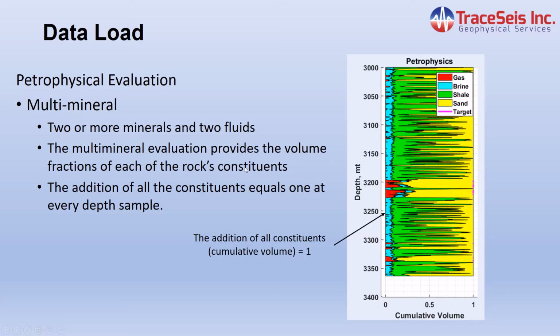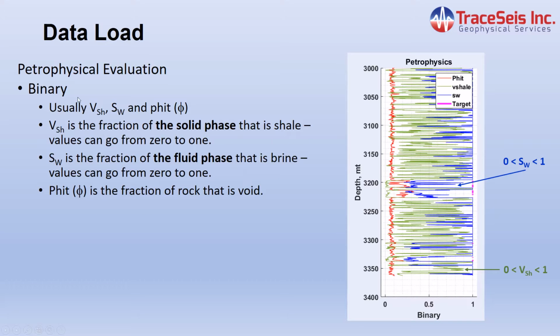This is in contrast to the binary petrophysical evaluation, which is usually provided as V shale, water saturation, and porosity. In this, V shale is the fraction of the solid phase, that is shale, and its values can go from 0 to 1. Similarly, SW or water saturation is the fraction of the fluid phase, that is brine, and its values can also go from 0 to 1.